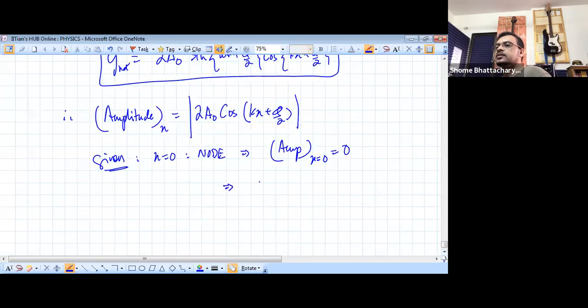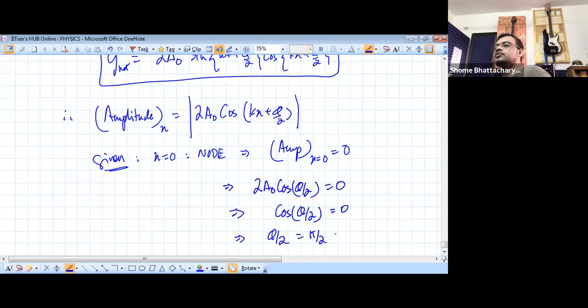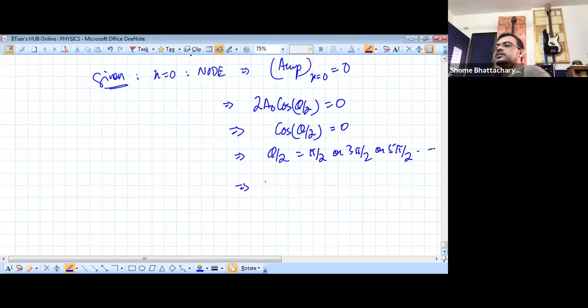So that means that 2a naught cos phi by 2 should be 0. That means phi by 2 could be pi by 2 or 3 pi by 2 or 5 pi by 2 or anything like that. So in general, we can say phi should be an odd multiple of pi, but we can take the easier value of pi, or it could be any (2n minus 1) pi. But let's start with this.